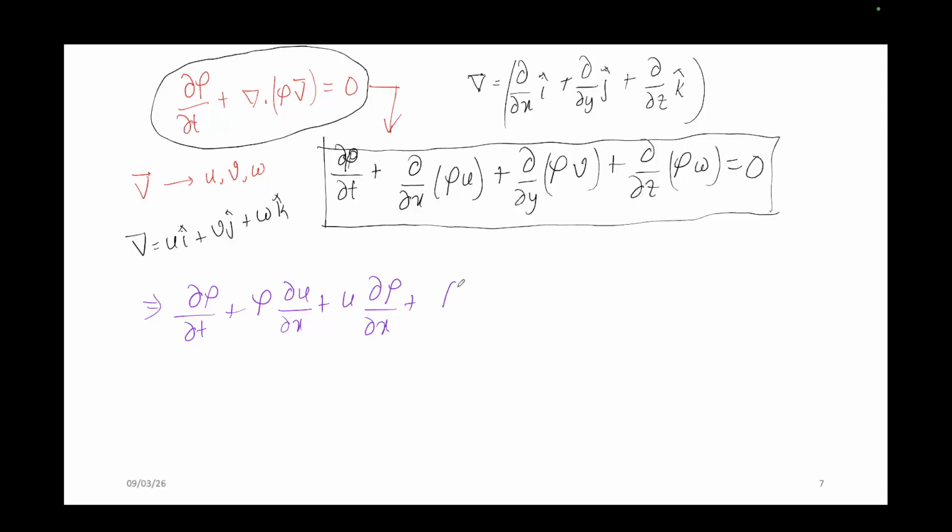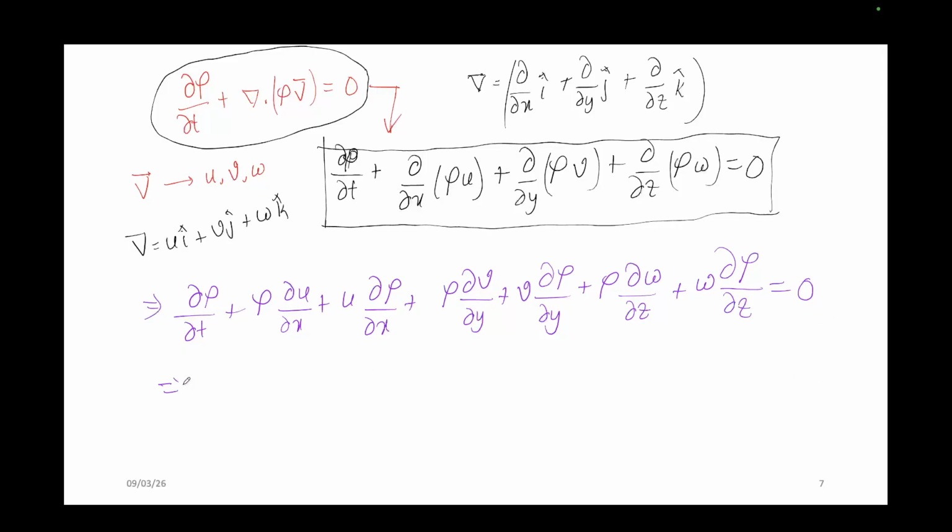Similarly, in the next part also I can write plus rho dw dz plus w d rho dz. You got it?